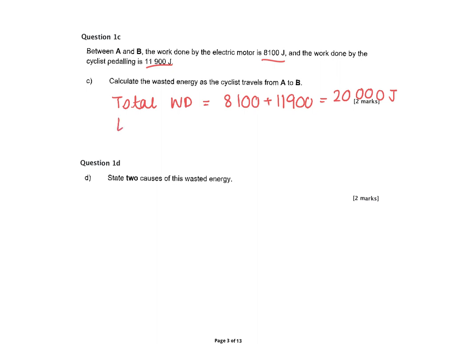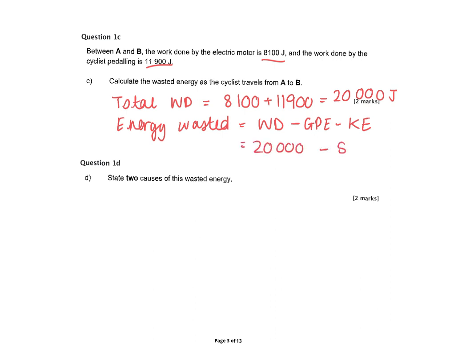To work out the energy wasted, we are going to take the work done minus the GPE that we've worked out minus the kinetic energy that we've worked out. So we're going to do 20,000 take away 8935 take away 5213, and we will get 5852 joules.